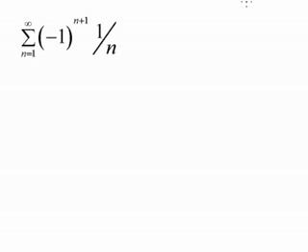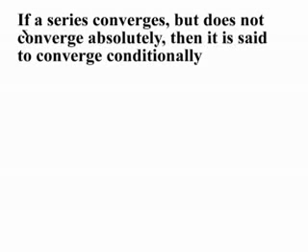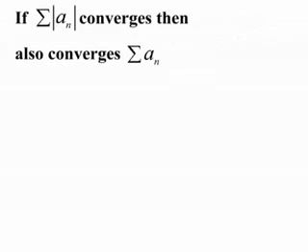So this is a series that does not converge absolutely. If a series converges but does not converge absolutely, then it is said to converge conditionally. The alternating harmonic series then converges conditionally.